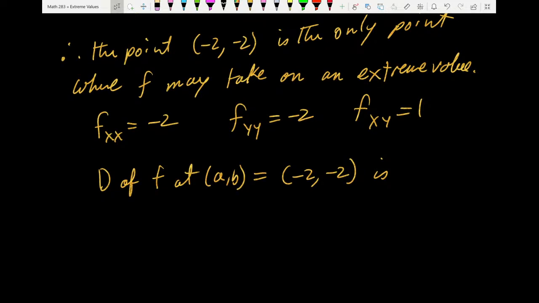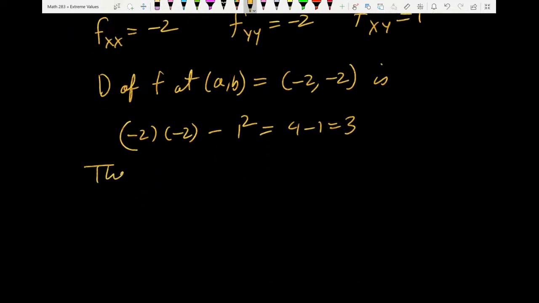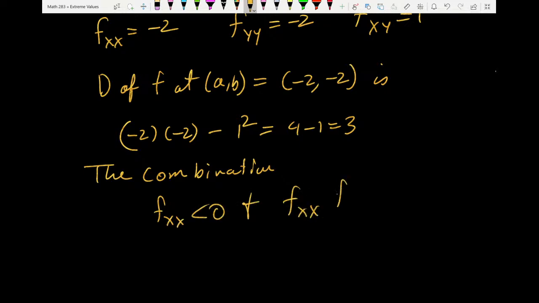Let's practice it. Negative 2 times negative 2 minus 1 squared, which is what? 4 minus 1, which is 3. So f sub xx times f sub yy minus f sub xy squared is greater than 0.